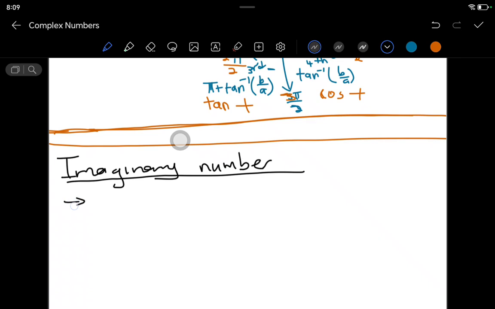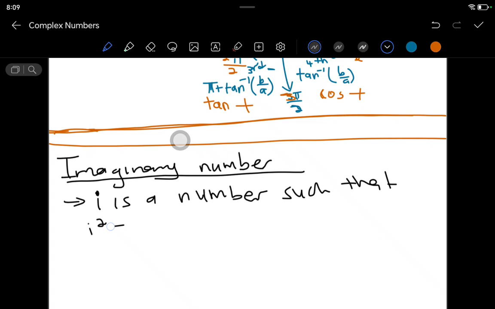So now when we look at an imaginary number, we say that i is an imaginary number, or we can just call it a number. We can say that i is a number such that i squared is equal to minus 1.